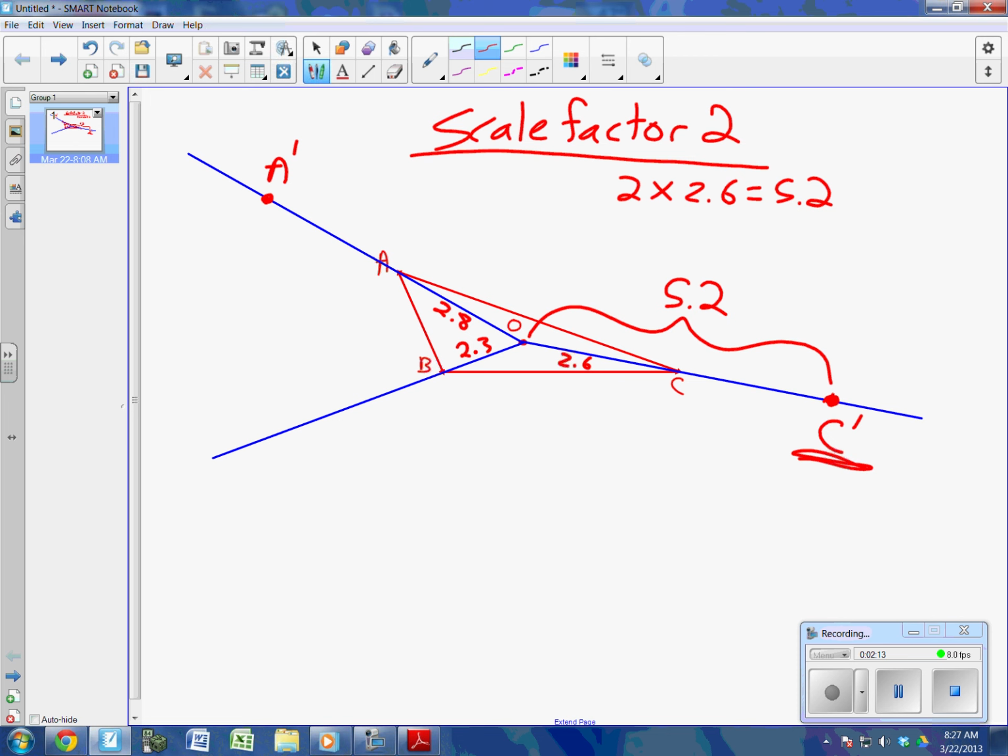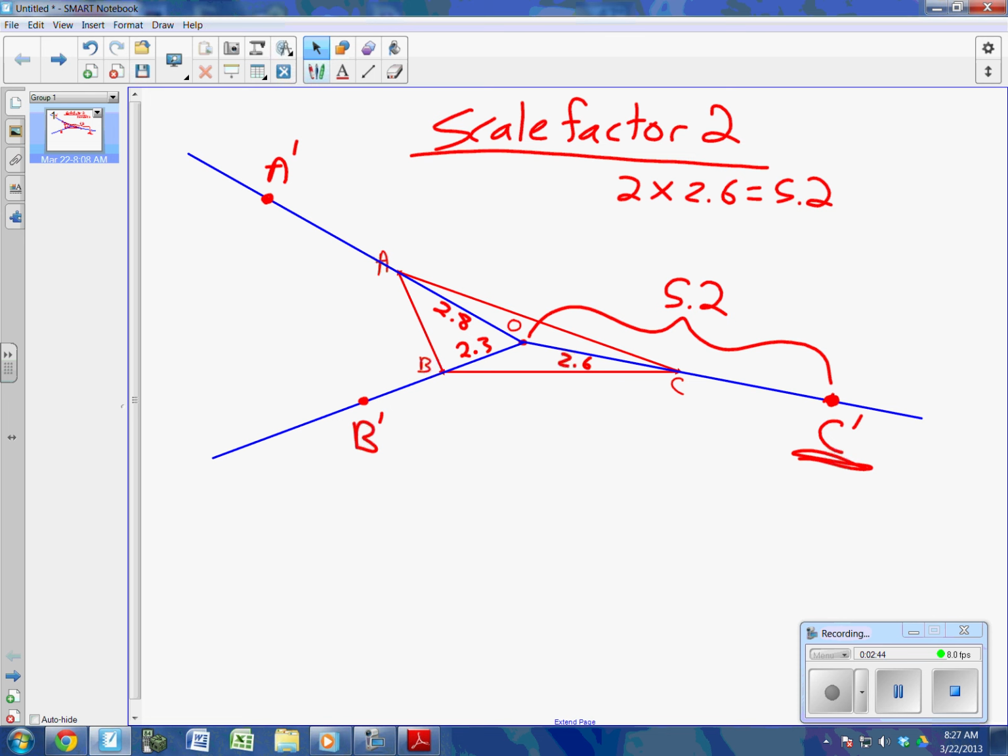That's going to be 4.6. So that's another 2.3 in other words. So it's really 4.6. And that's going to be called B prime. That's called B prime. All right, now what are you going to do?